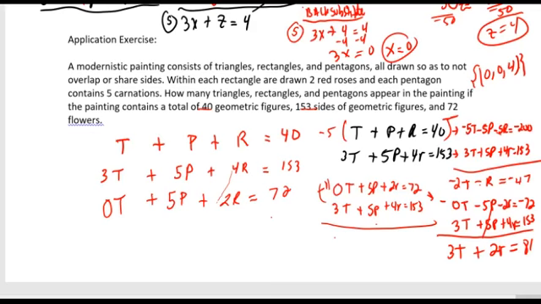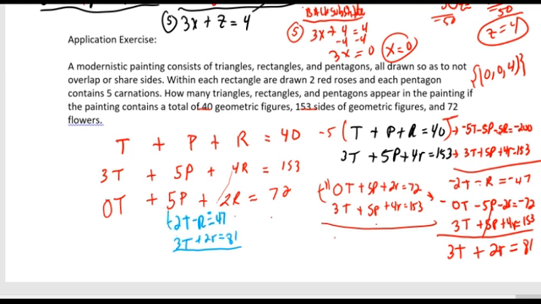Okay, so our two equations that we're going to use are negative 2t minus r equals negative 47, and 3t plus 2r equals 81.